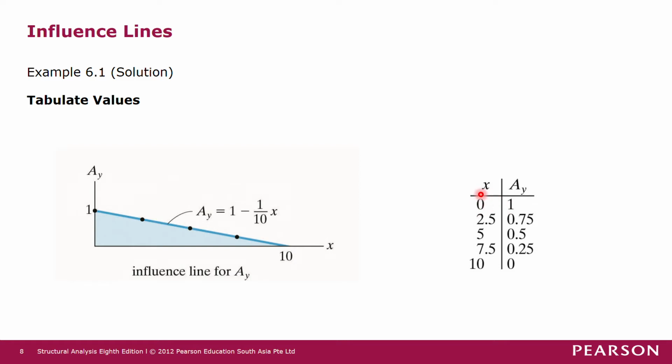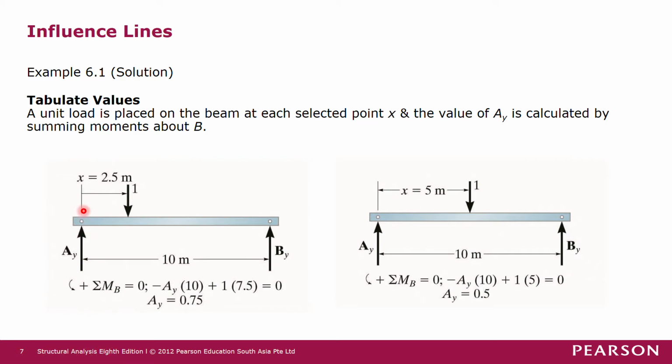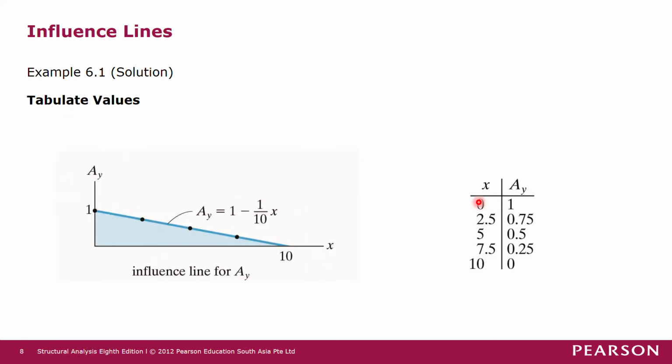So if we tabulate all the values by taking the location of the 1 unit force against AY, when x equals 0, AY equals 1. This one was not demonstrated here, but if this 1 unit force is at this location here, then AY equals 1. Even if you sum moment here, if this 1 unit force is over here, then if you sum moment here, you get AY times 10 equals 1 times 10. So AY equals 1. So when the location of the force is at the support A, then AY is 1.